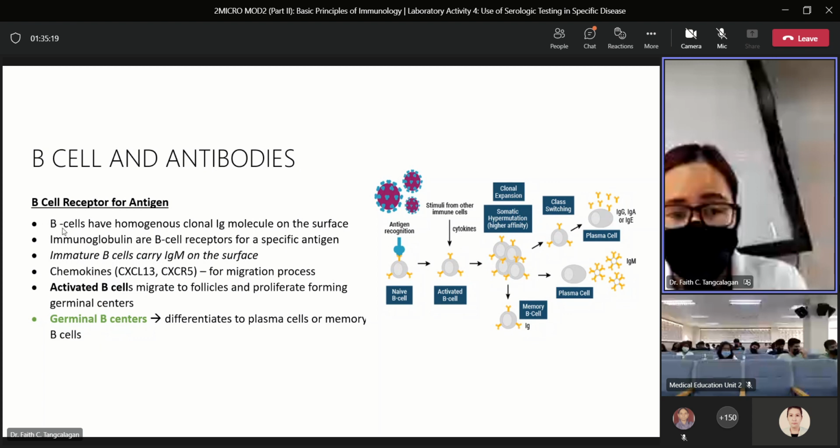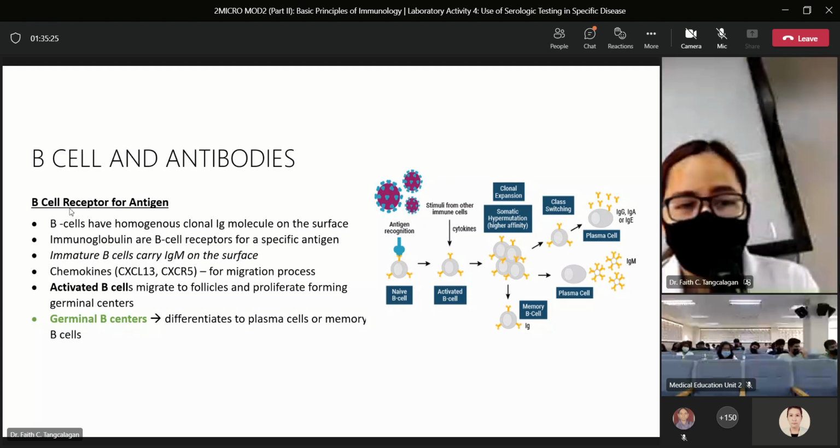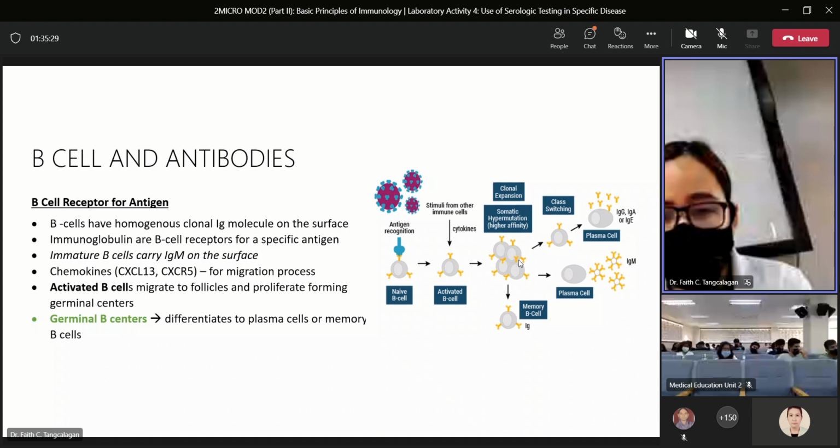So your next topic is your B cell and antibodies. B cells actually have homogeneous clonal immunoglobulin, meaning there's only one immunoglobulin present on the surface.